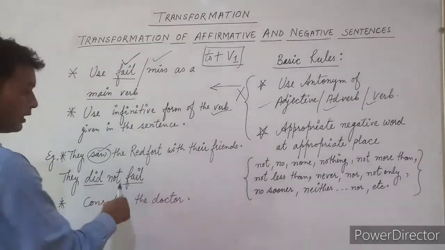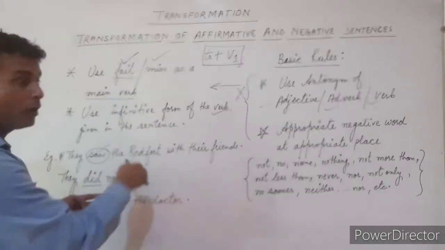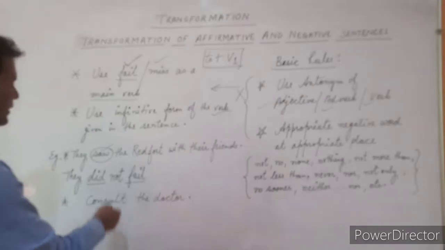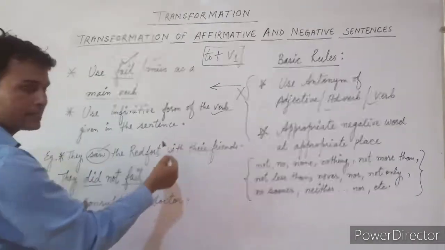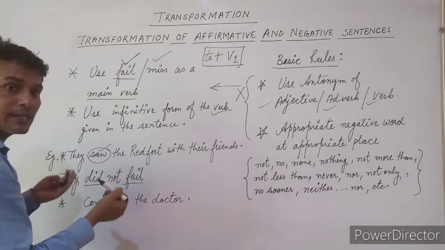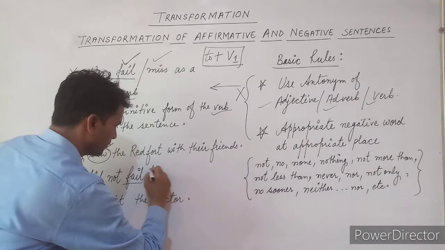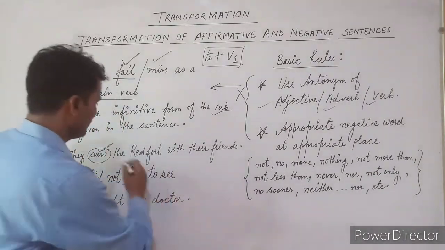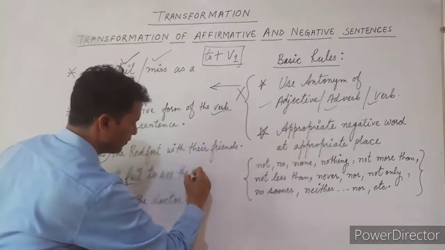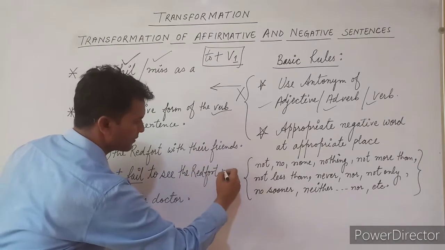So they did not. Now the main verb, in place of saw, will be fail or miss. They did not fail. And the second rule states to use the infinitive form of the verb given in the sentence. So which word is given in the sentence? Saw. So its infinitive form is to see. They did not fail to see the red fort with their friends.